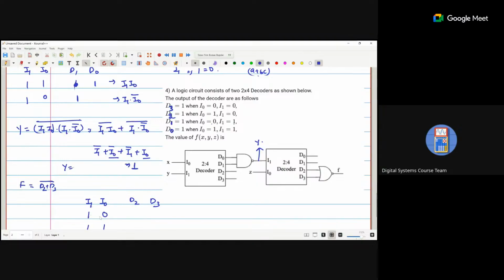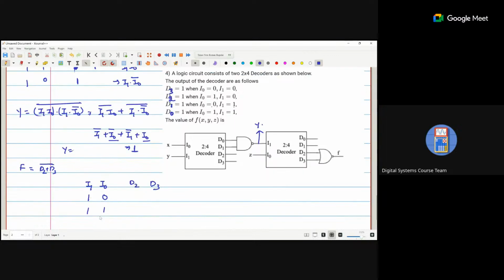If I1 is 1 and I0 is 0, D2 is 0, because D1 is 1 and all others are 0. So D2 and D3 both are 0 here. Similarly, when both are 1, D0 is 1 but D2 and D3 are 0.